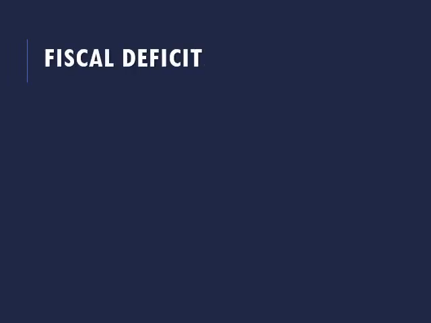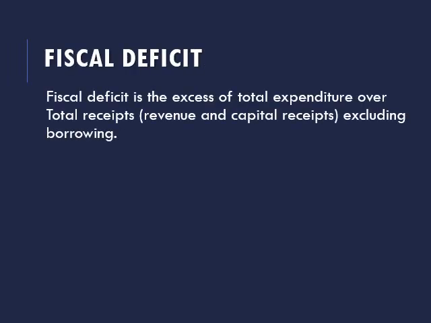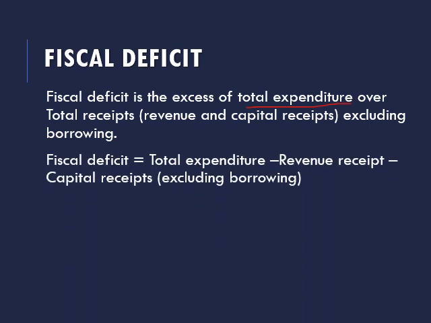Second, fiscal deficit. Fiscal deficit is the excess of total expenditures over total receipts, excluding borrowing. So the formula for fiscal deficit: FD is equal to total expenditure minus total receipts excluding borrowings, that is, minus capital receipts excluding borrowings.